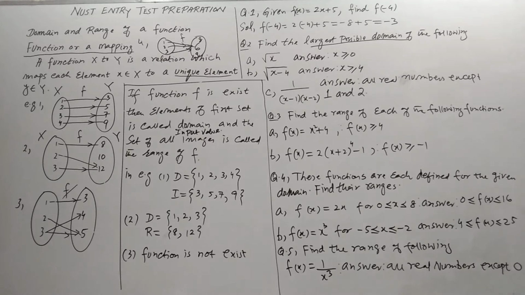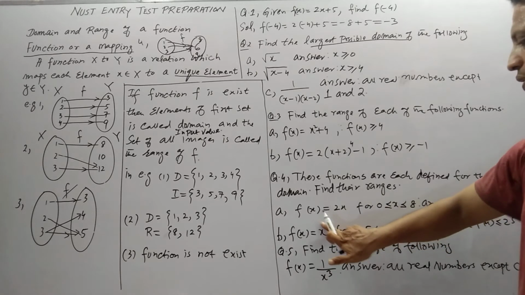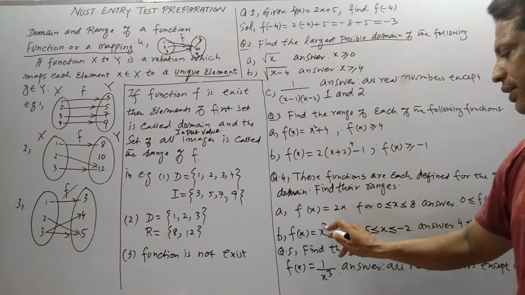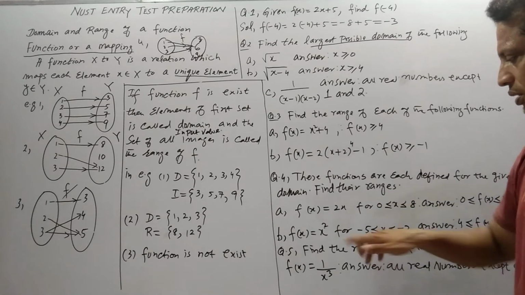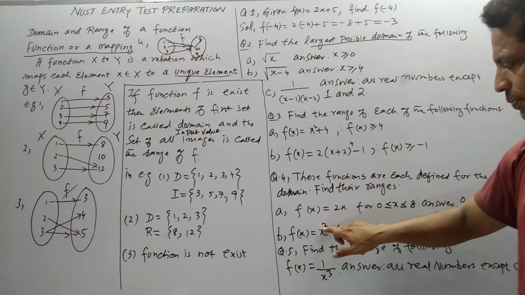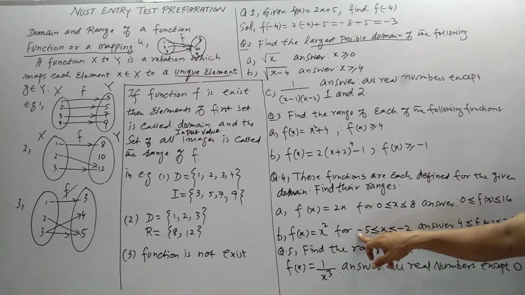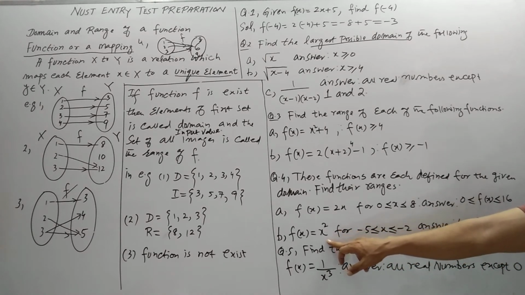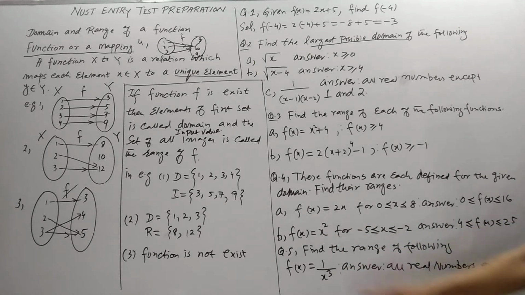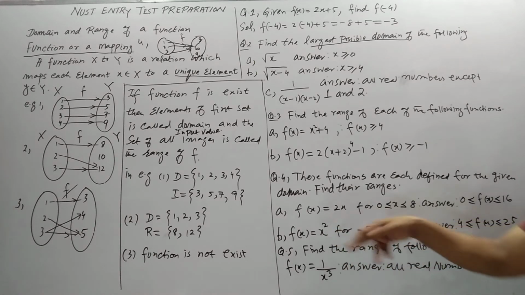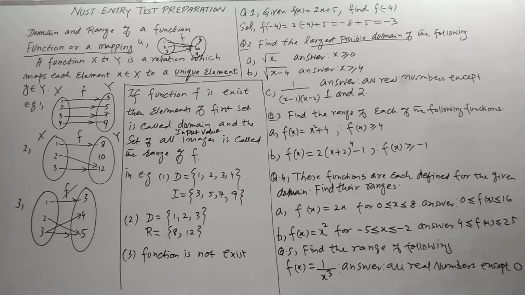Sorry. The question is x square. Okay, I wrote it wrong. I put 3 over here and the question is 2. So the domain is -5 to -2. If you put -5 over here, this is your starting value. So -5 square is +25, because the square of a negative number is always positive.